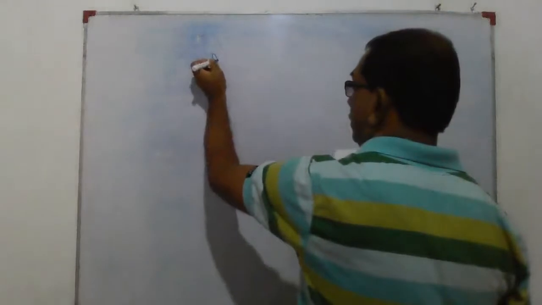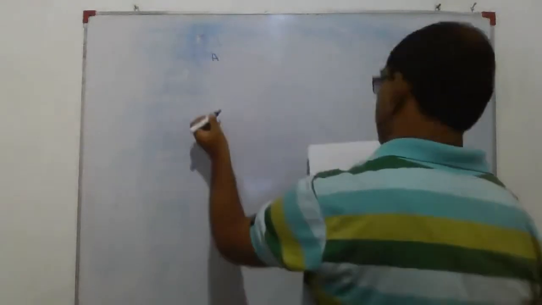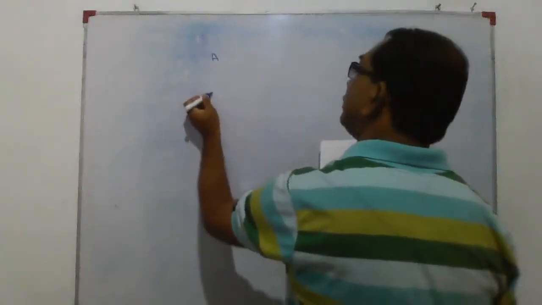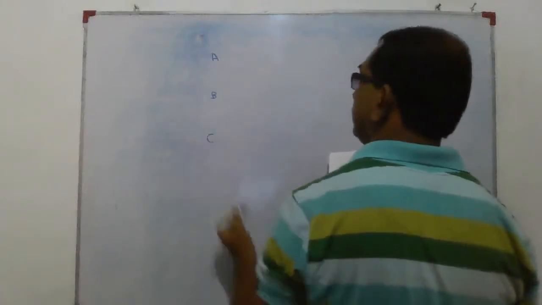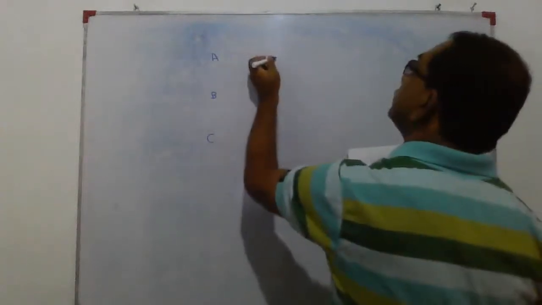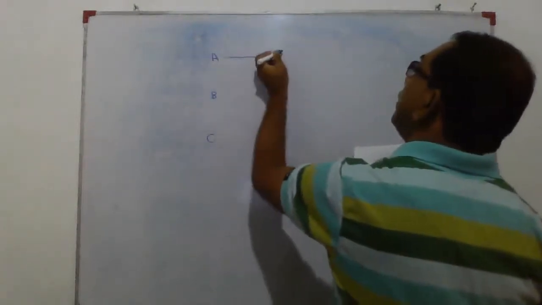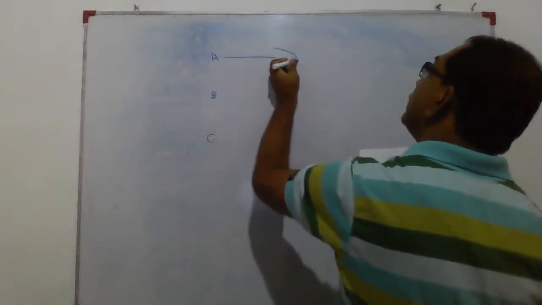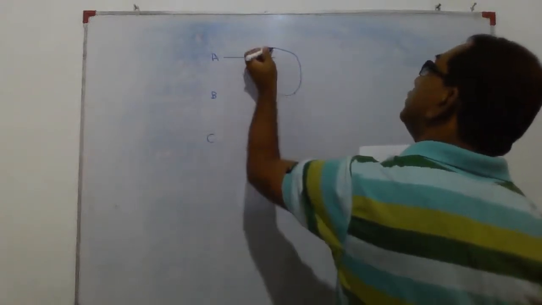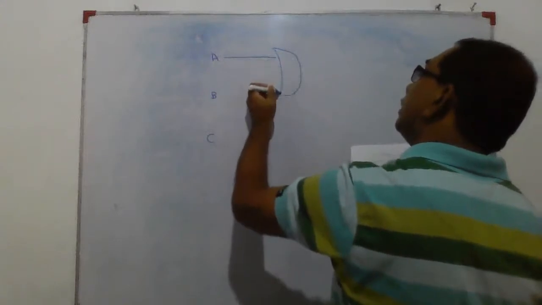There are three inputs, A, B, and C. A input values to the OR gate. Here, OR gate.